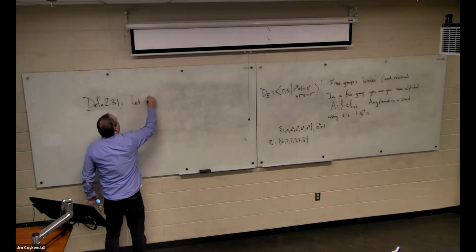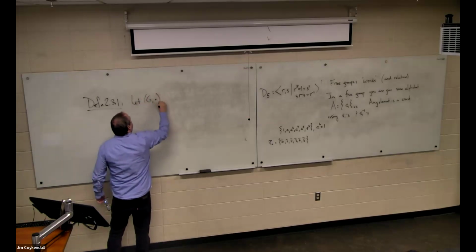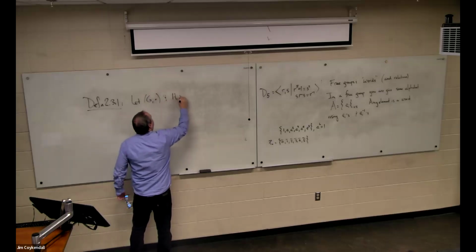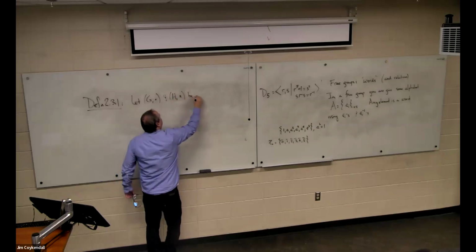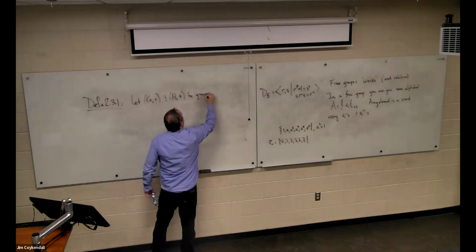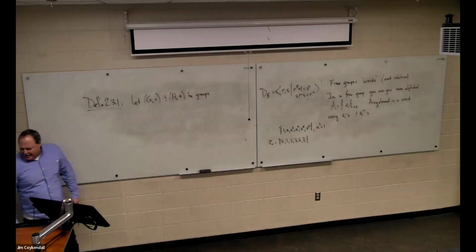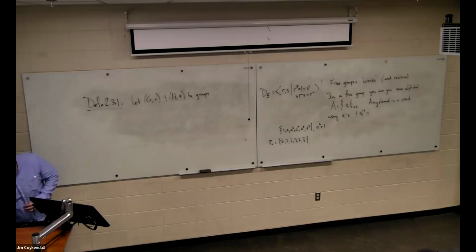Let G with operation circle and H with operation star be groups. I'm going to suppress all the circles and stars later, but I do this here at the beginning of the definition to give us a good feel for this.